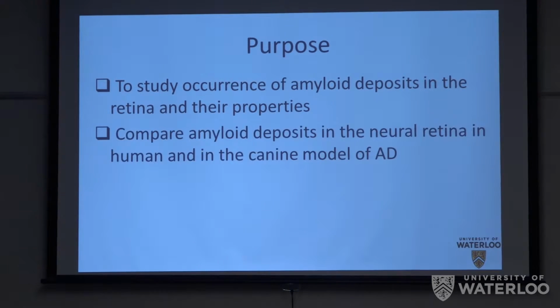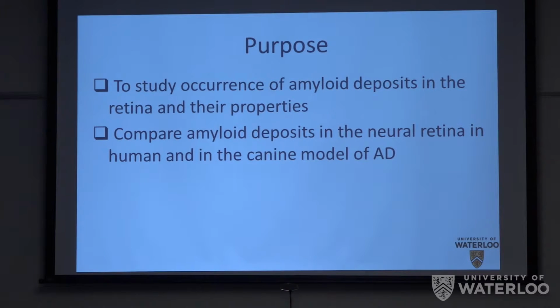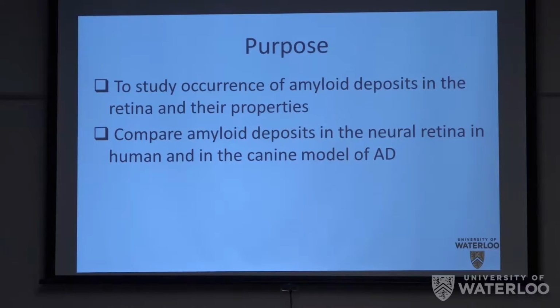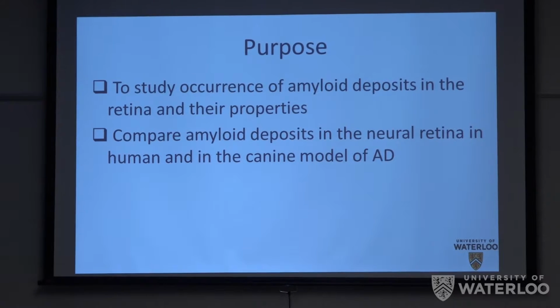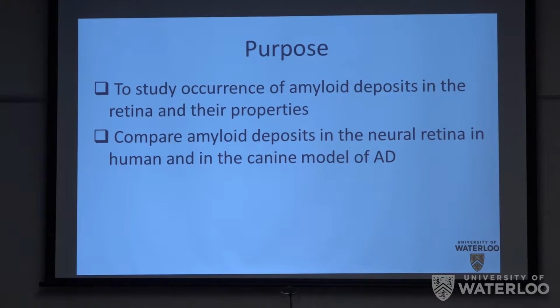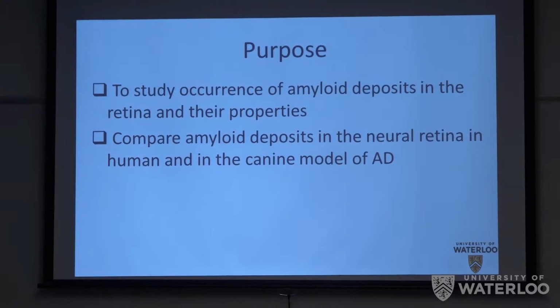And secondly, to compare the amyloid deposits in human and a canine model of Alzheimer's disease. This is a naturally occurring condition in the dogs. They become impaired at older ages, and they develop amyloid in their brains, and it's analogous to Alzheimer's disease.